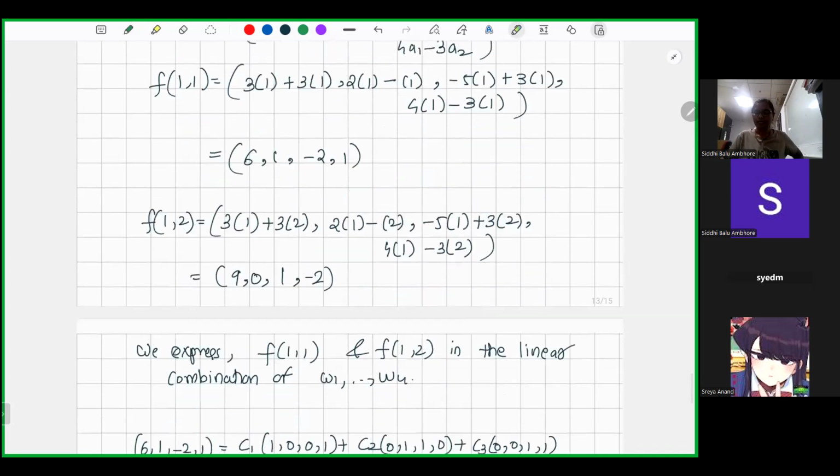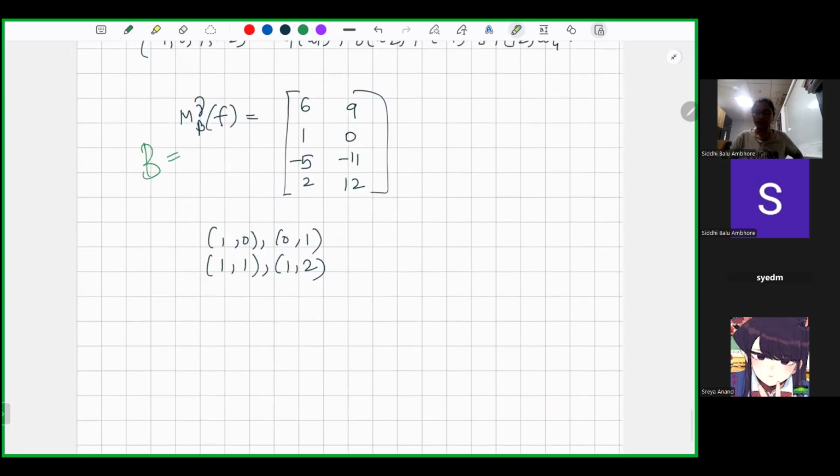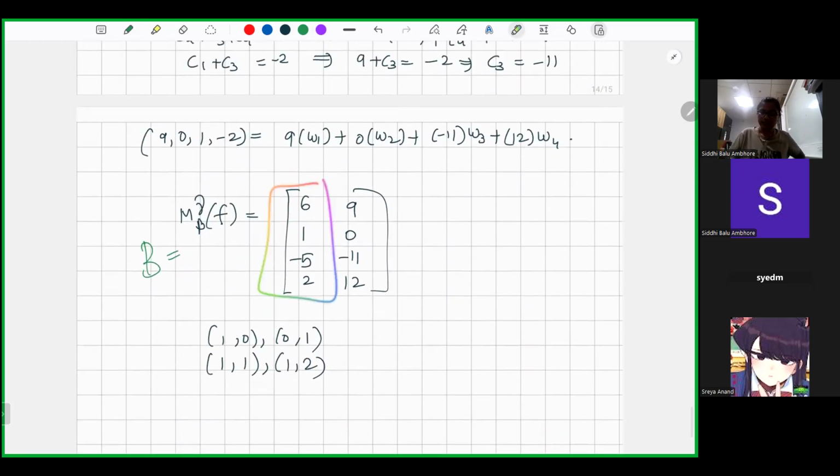Okay. And if I want to find the image of 1 1, it will be the image using B, then it will be whatever we have in this first column.